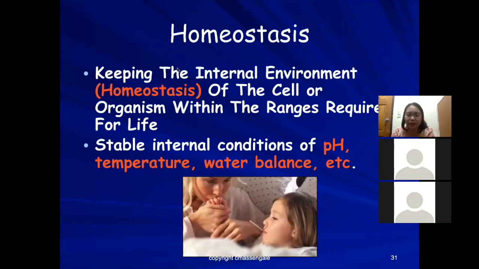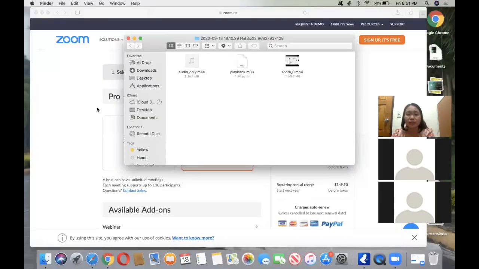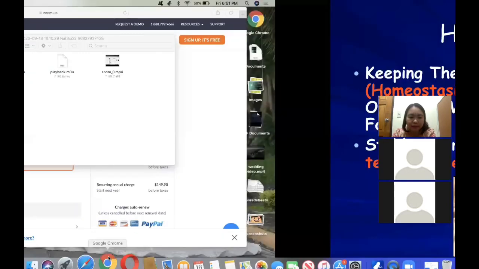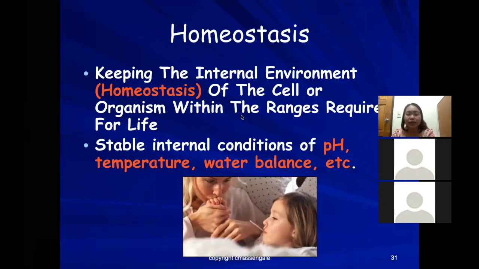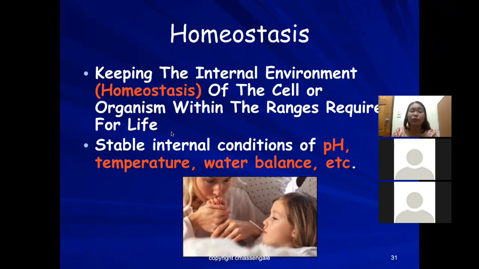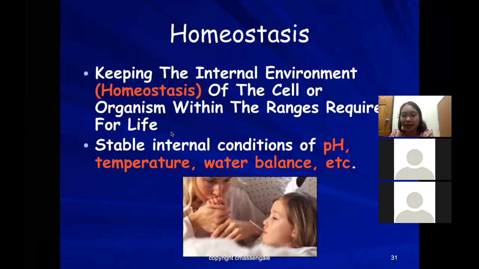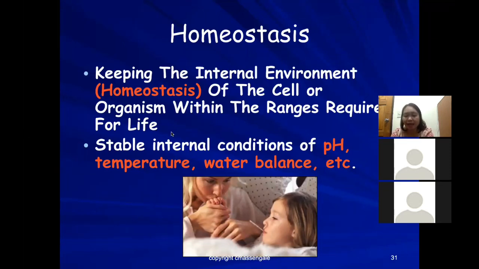So speaking of body system, we are also capable of homeostasis, keeping the internal environment of the cell or organism within the ranges required for life. So meaning stable and balanced.